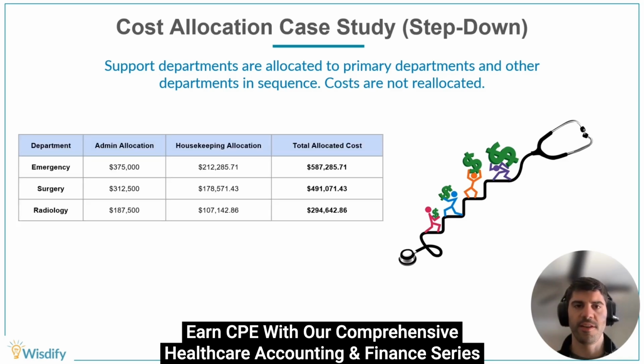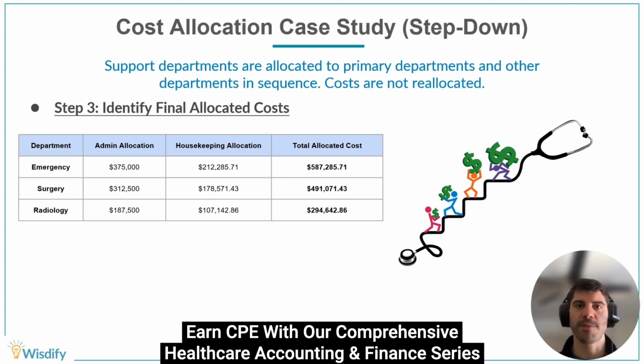And the third and final step under the step-down method is to add up the allocations from both of the support departments, the admin and the housekeeping, to determine the total allocated cost that's going to be applied to each primary care department. So we'll essentially take the totals that we identified from steps 1 and 2 and add those up to arrive at our final numbers.